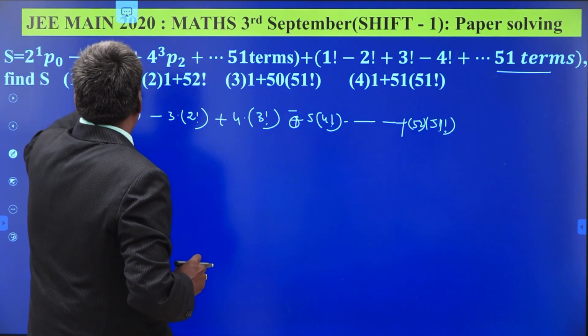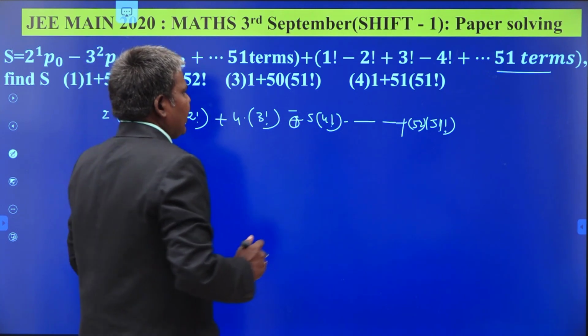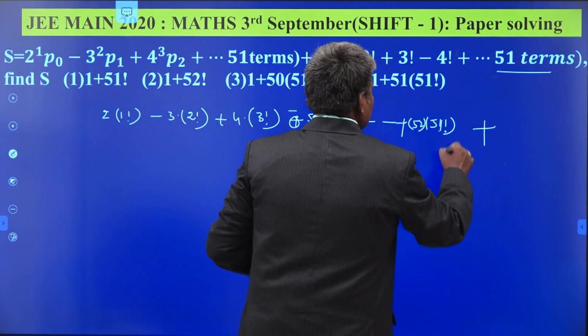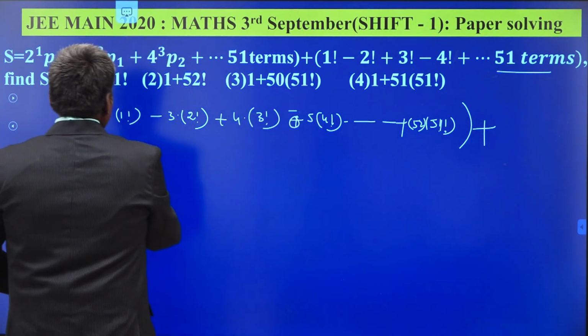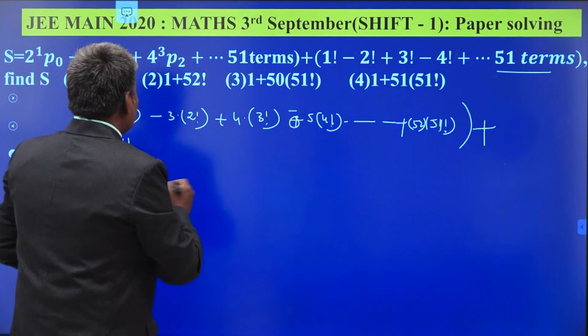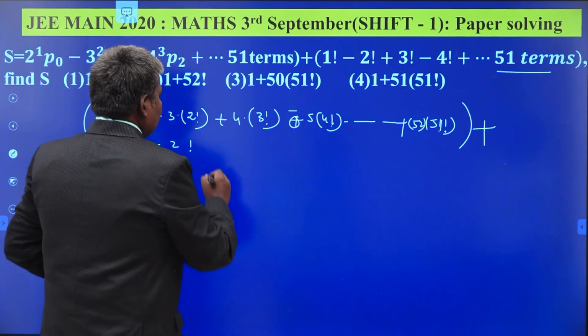2 into 1 p naught minus 3 into 2 p1 plus and so on up to 51 terms. Again, what you have to write? Plus 1 factorial minus 2 factorial plus 3 factorial.